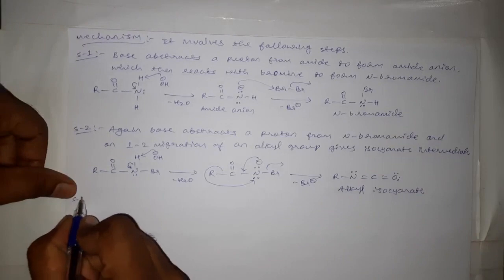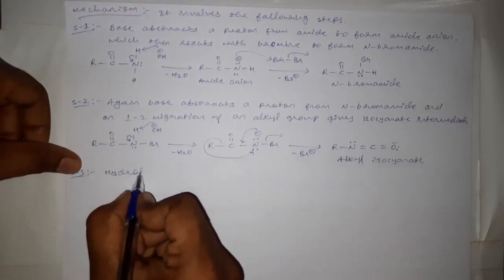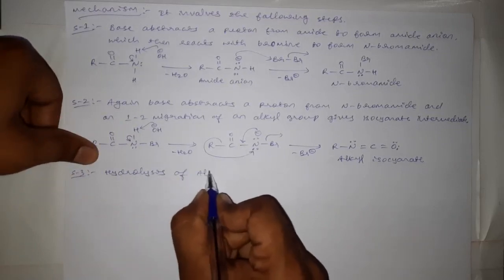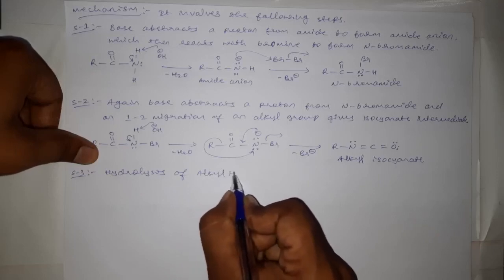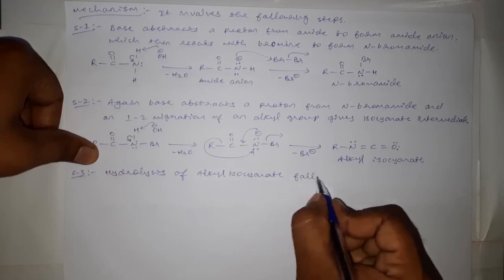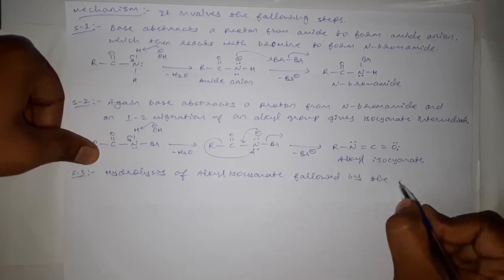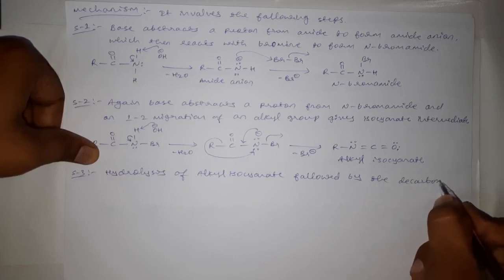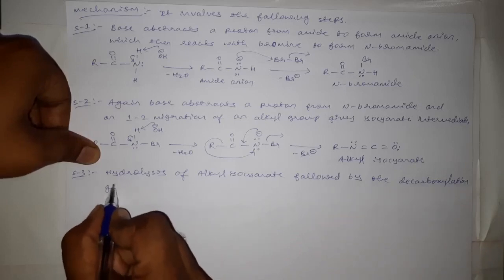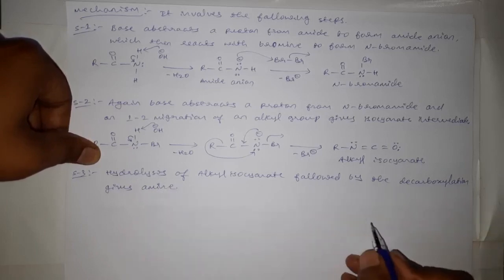And in step number 3 of the mechanism, hydrolysis of alkyl isocyanate takes place, which is followed by decarboxylation, and gives amine.